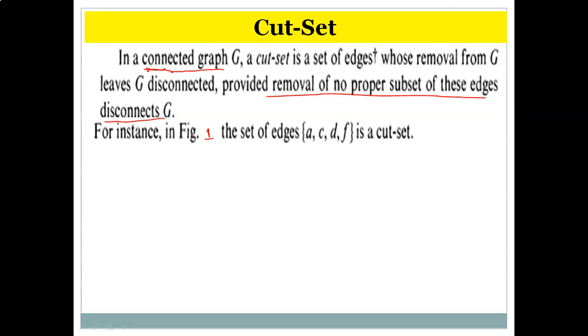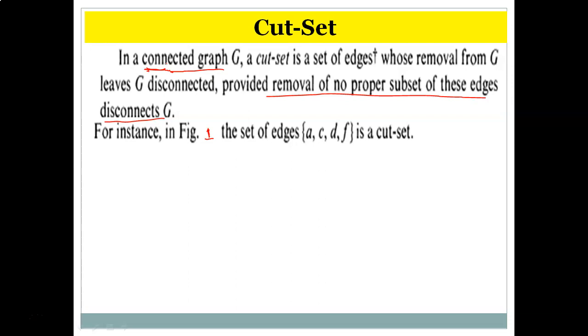I'm going back here. In a connected graph G, first remember one thing. We can talk about a cut set only for a connected graph. So therefore, we are starting the definition.